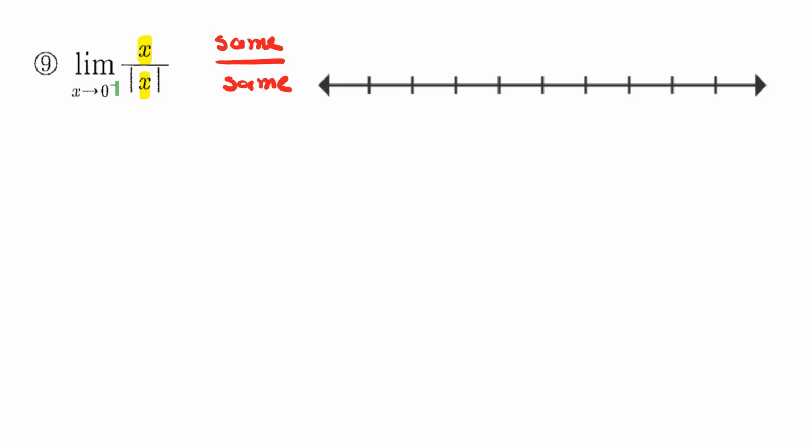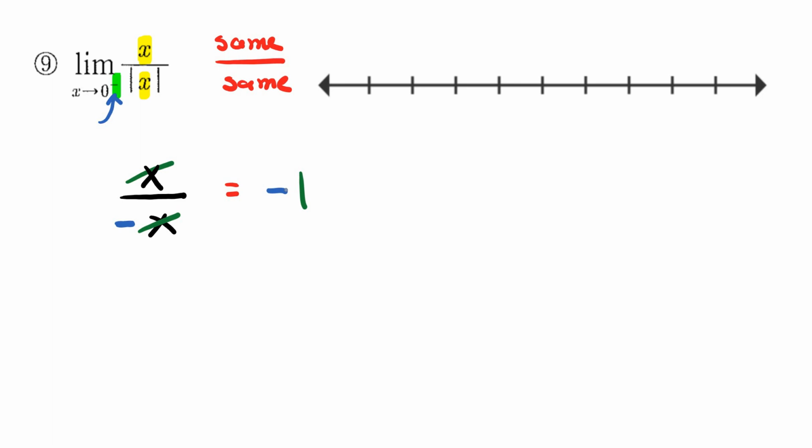When you're dealing with absolute values, all you have to do is get rid of that absolute value sign. Since you're approaching from the left-hand side, the absolute value just changes to a negative sign with x. Then if you compute this algebraically, this divided by this gives you the 1, and then the minus sign tags along. So the final answer there is negative 1.